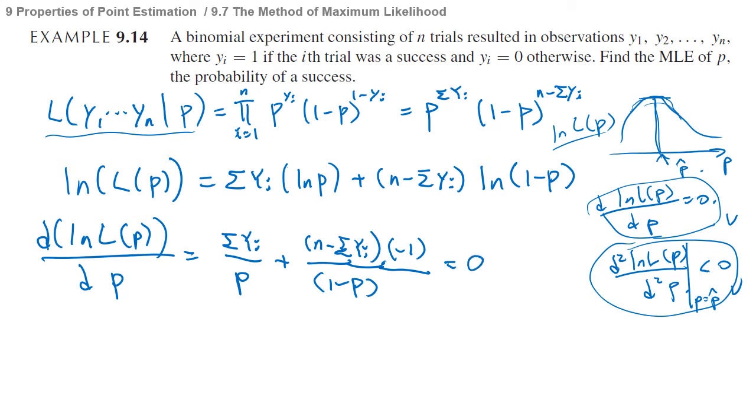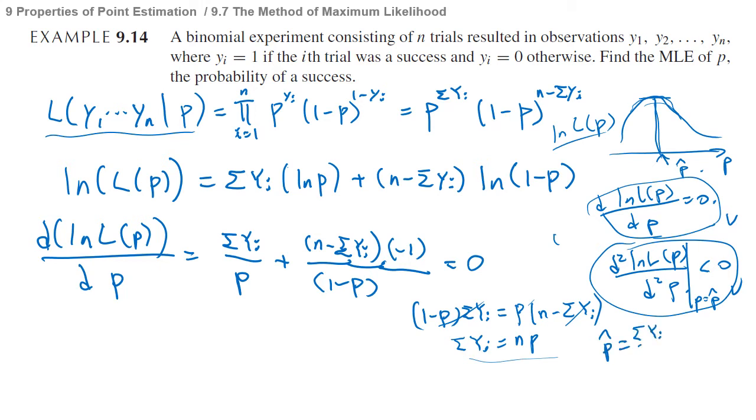Then we get 1 minus p times sum of yi equals p times n minus sum of yi, and this is sum of yi equals np. The p times sum of yi part cancelled, and so our p hat is sum of yi over n, which is y bar.